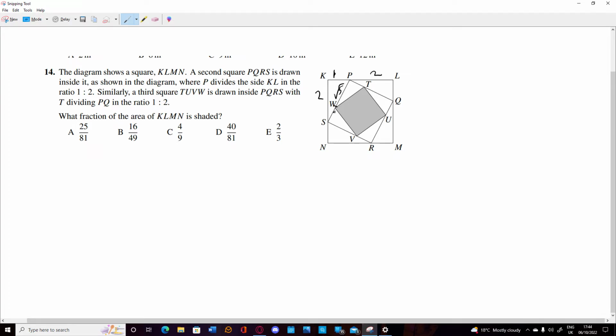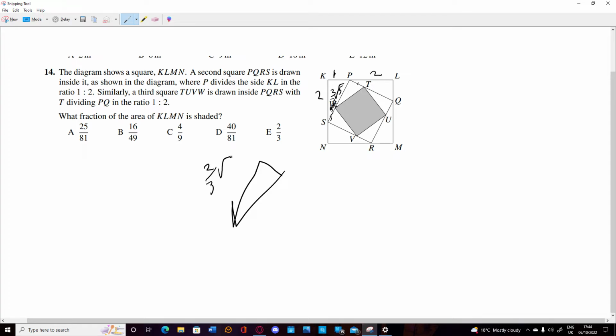Splitting the 1 to 2 ratio, this is 2/3 of root 5, this is 1/3 of root 5, which is root 5 over 3. This bit is root 5 over 3, extrapolating that, we get this hypotenuse, or the length of the smaller square.